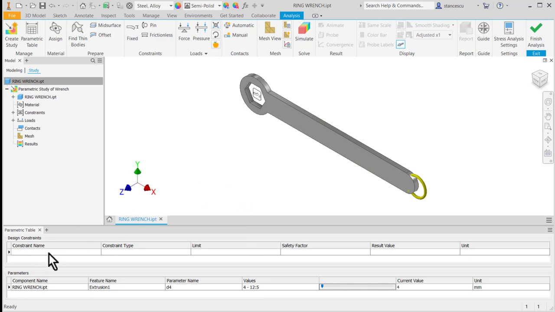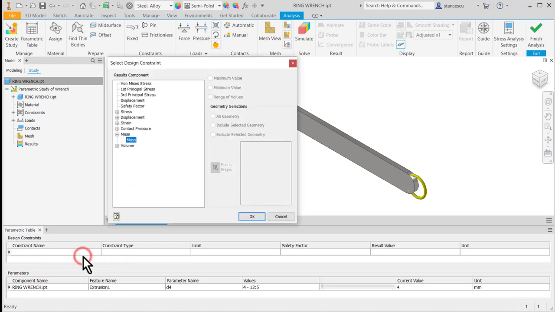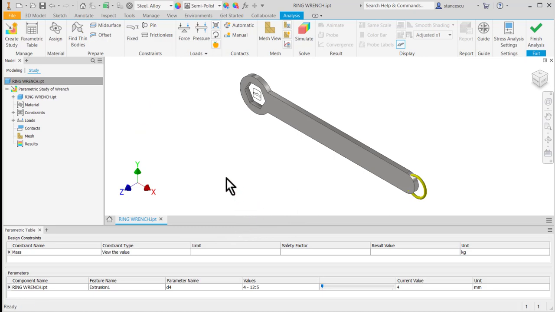Now I have to choose the constraint of the design. I make now design, and I choose firstly the mass, asking for minimizing the mass.